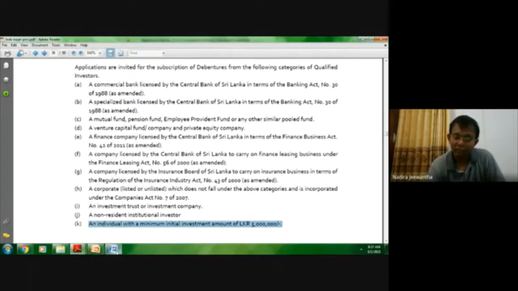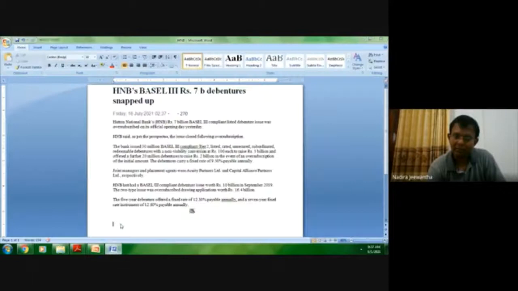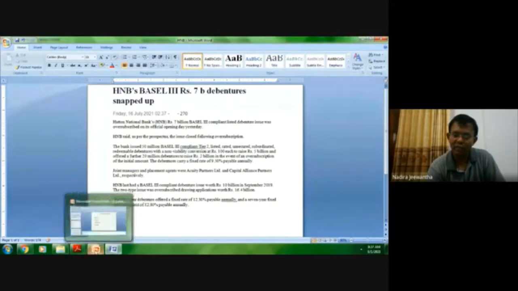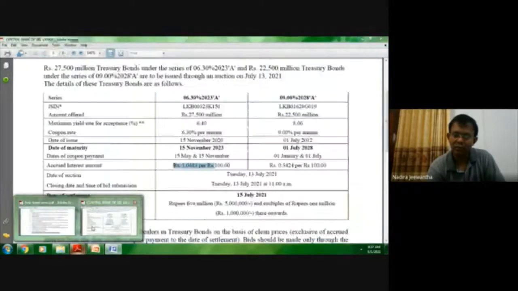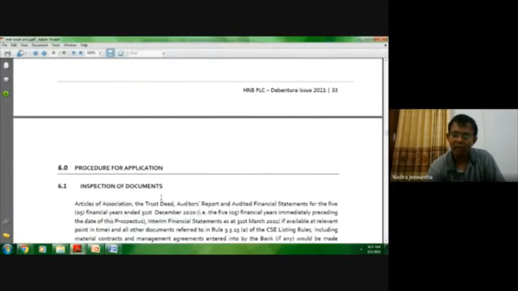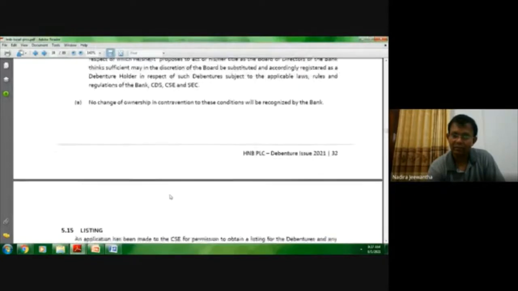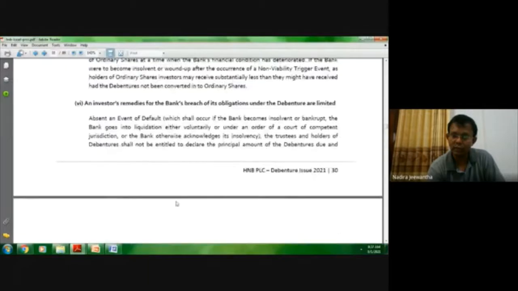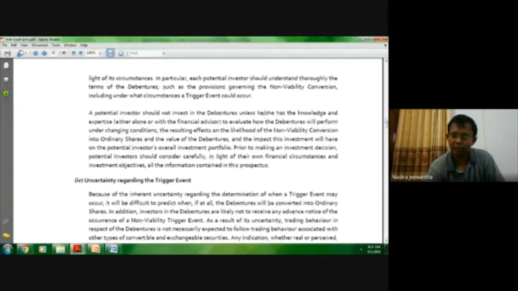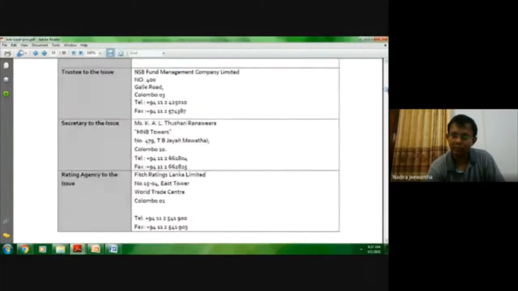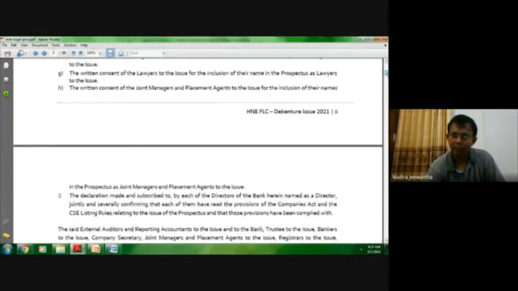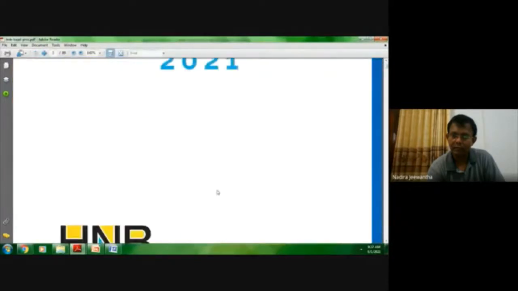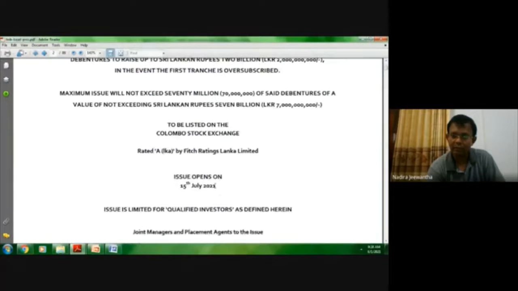And once you issue this debenture, this is the advertisement they have published. Now, when was the issue date of this particular instrument? Have you seen the date of issue of this particular instrument? I think it's 15 July.